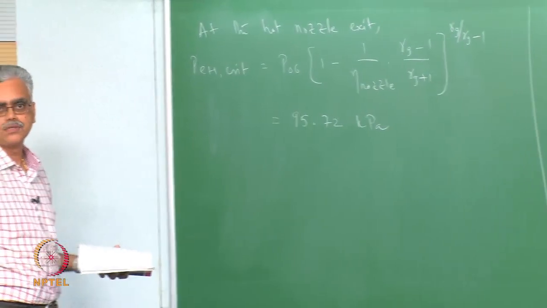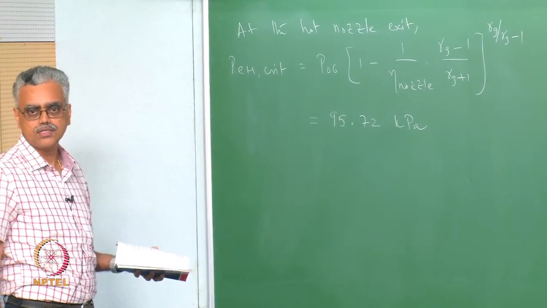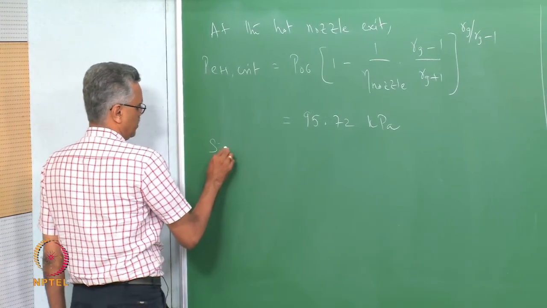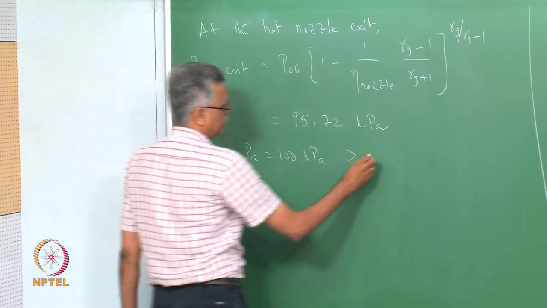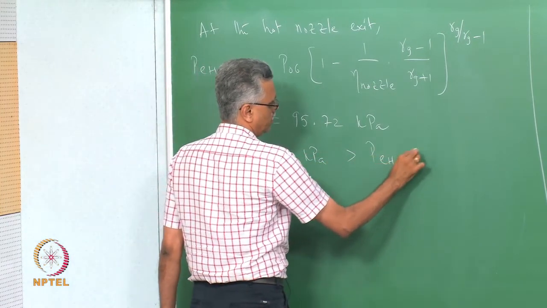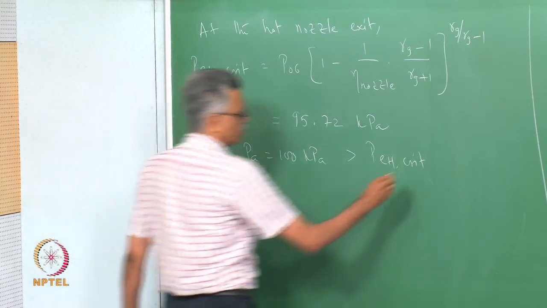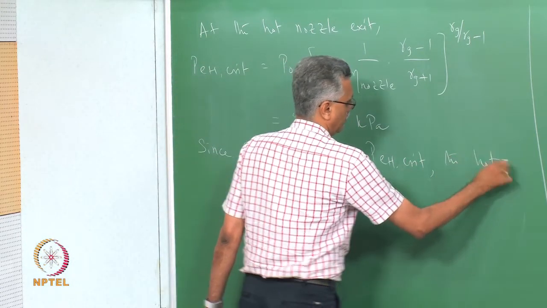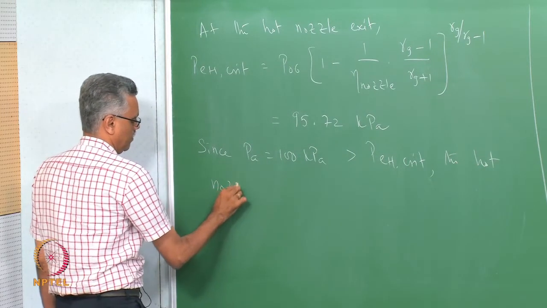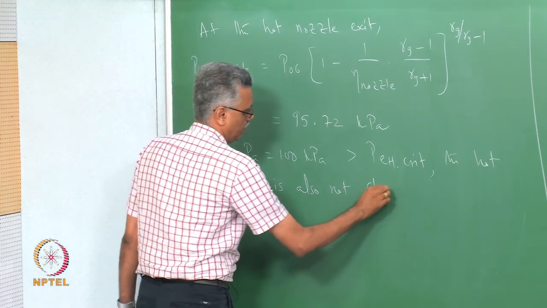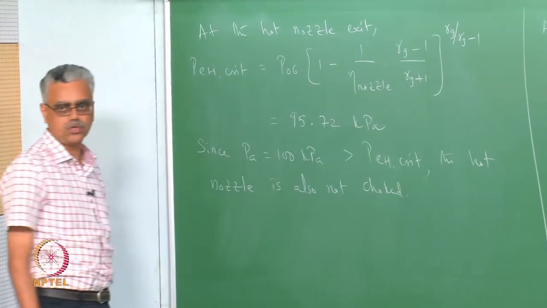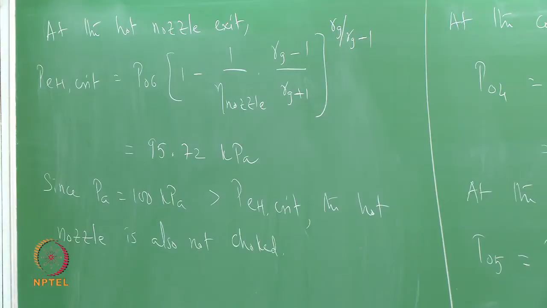And the ambient pressure is 100 kilopascal. Remember, the engine is on a static thrust stand. Since the ambient pressure PA, which is equal to 100 kilopascal, is greater than the PEH critical for the hot nozzle, the cold nozzle was also not choked, and for operation at sea level static pressure, you can see that the hot nozzle is also not choked.